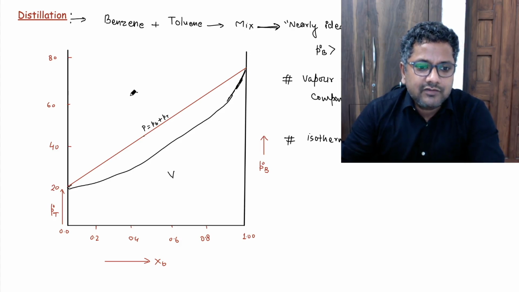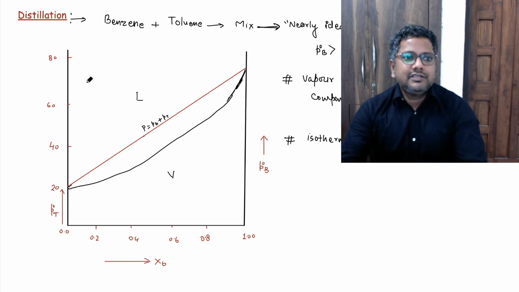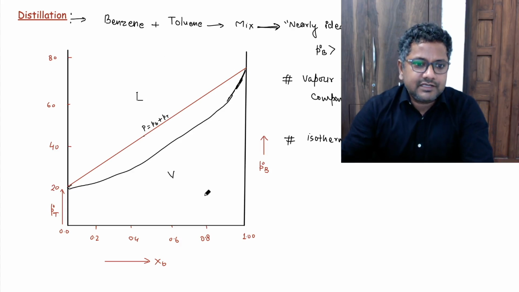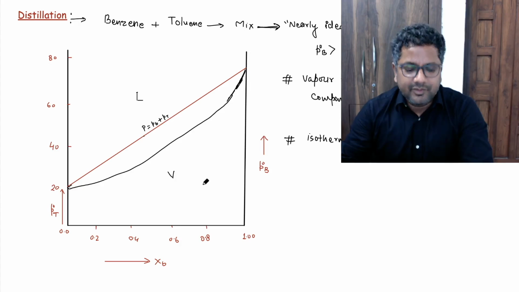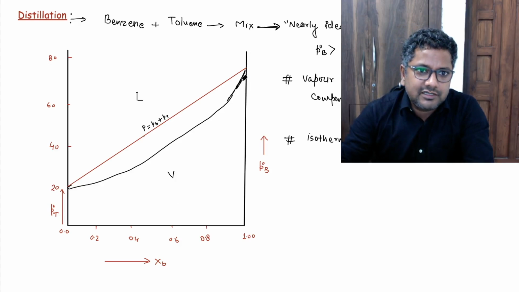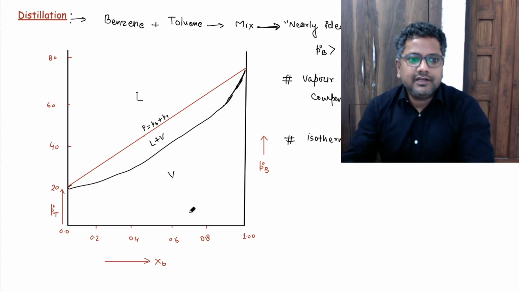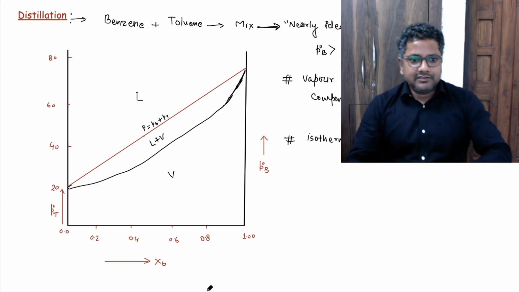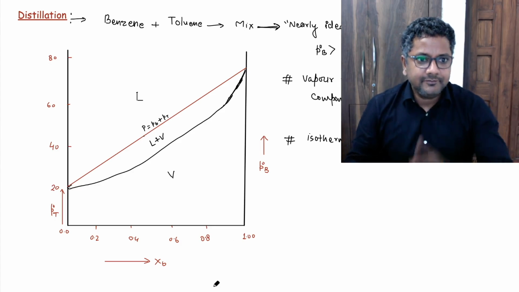So what will happen? Equilibrium shifts towards the liquid side. So this region represents the liquid phase, and this region represents the vapor phase. And what about this region I have enclosed here? You can say this is liquid plus vapor, L plus V. Clear? L plus V. Okay.